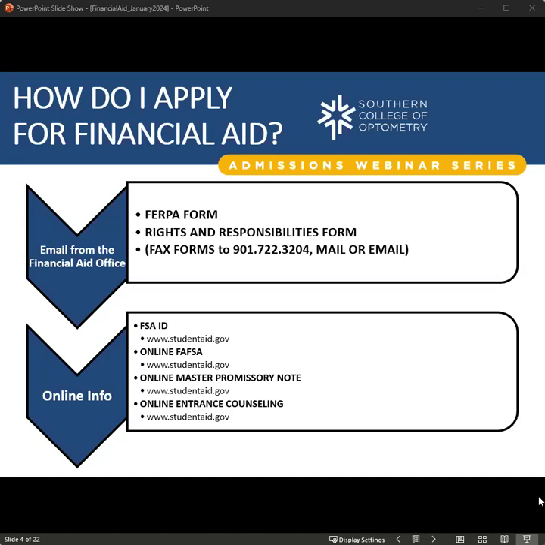That's also where you're going to complete your FAFSA and the online master promissory note. The master promissory note is if you take out student loans, that's where you agree to pay back the loans. And then you also must complete entrance loan counseling. All of that can be done at the studentaid.gov website.